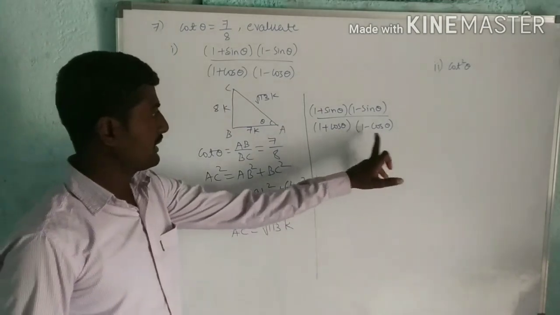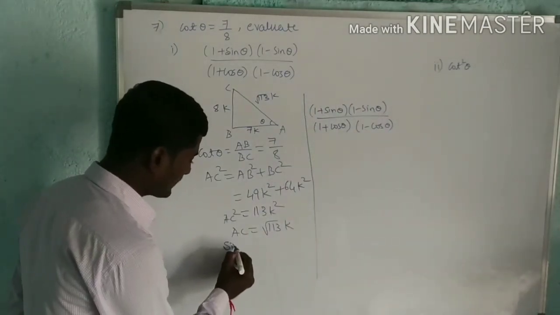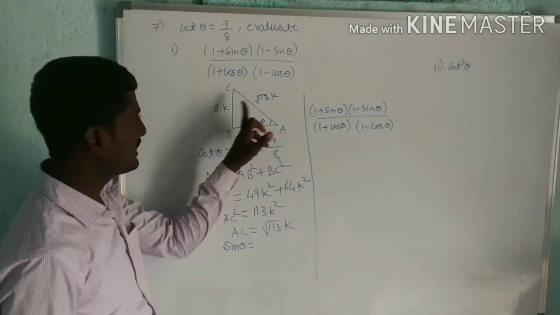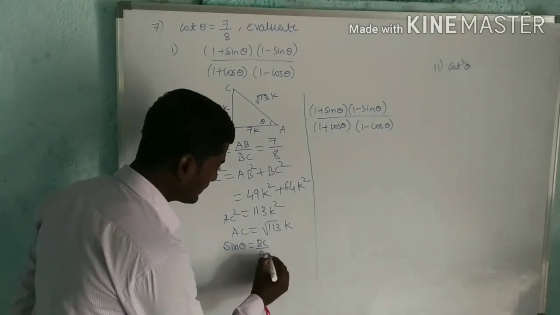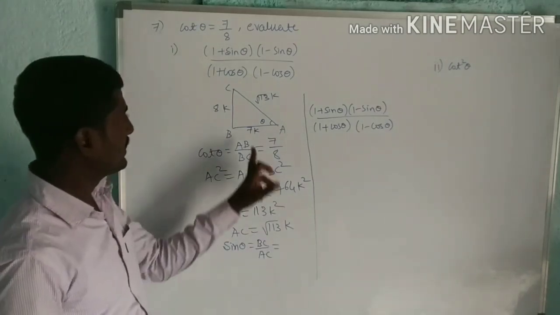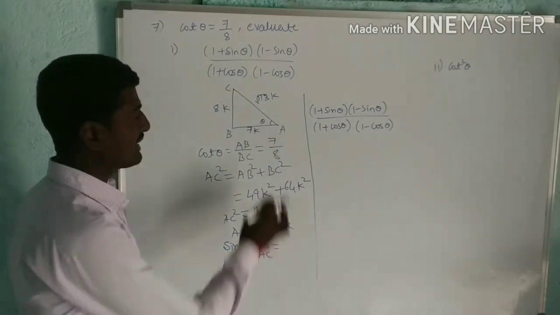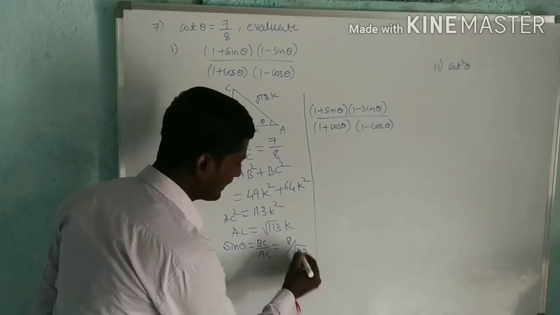So here cos theta and sin theta terms are required. First I will write the sin theta value. Sin theta, according to the diagram, is BC divided by AC. BC is 8k divided by AC, root 113k. K gets cancelled. 8 divided by root of 113.